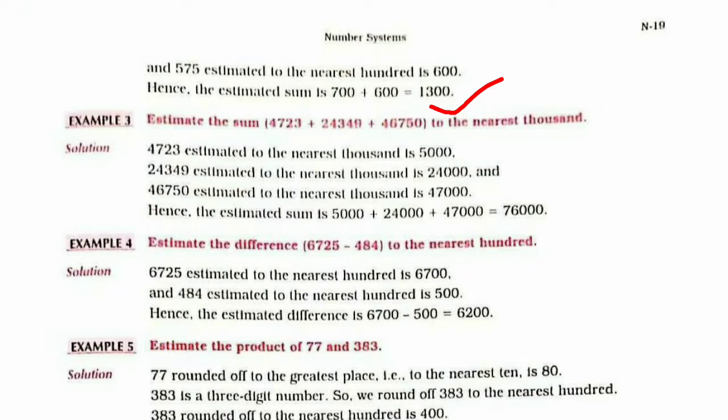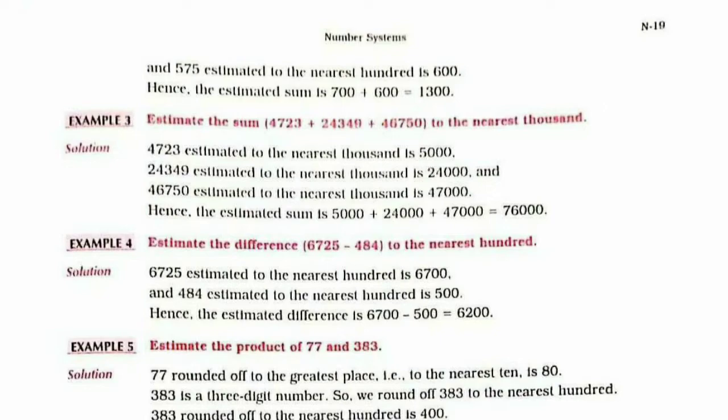Same procedure in example number 3 is given, but here three numbers are given and their estimated sum we want to find out. So first we will find out the first number rounded off to the nearest 1000, then second number to the nearest 1000, then third number to the nearest 1000, and then we will add all these three numbers. In that manner we can solve these type of question.